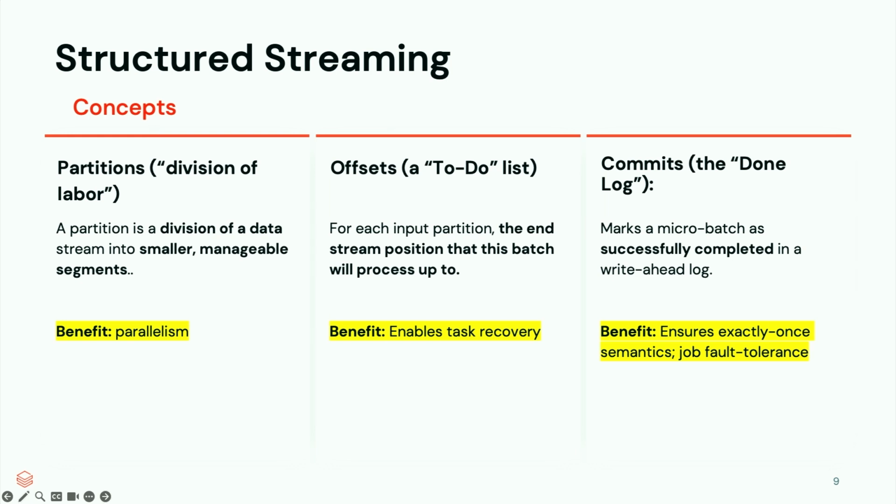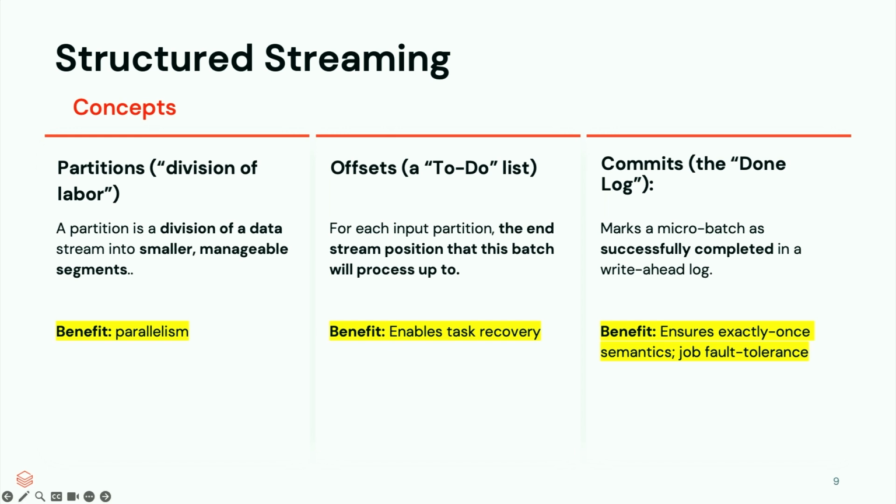For instance, it might determine, for this batch, I'll process records 101 through 200 from partition number 1. This range is defined by a starting and ending offset, and this to-do list is created before the batch processing typically begins and is stored in a write-ahead log.